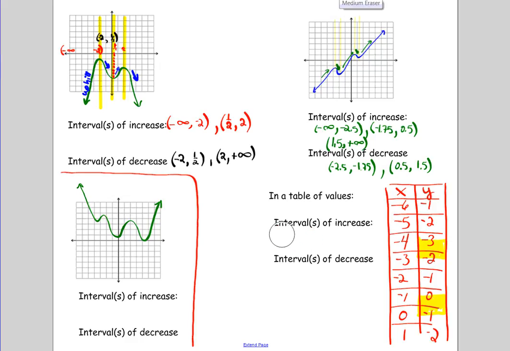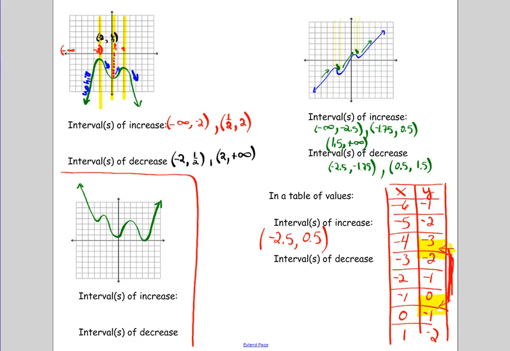The interval happens in between here and in between here. Because I made these up out of my head, I don't have a table of values where I can detail down in between. So my increase is going to happen at -2.5 to 0.5. That's this increase area here.